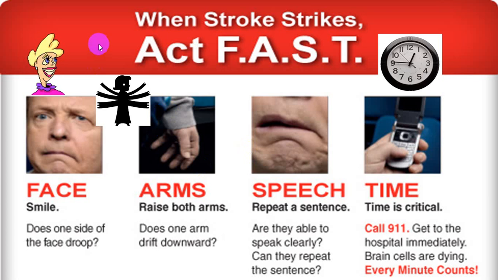Whenever a person comes with a stroke, some neurological deficit which you are suspecting either because of thrombosis, embolism or hemorrhage, the commonest thing which was used before was ACT FAST, meaning you examine a person's face. So if there is a facial nerve palsy, whether it is upper motor neuron or lower motor neuron, if it is upper motor neuron, the lesion has to be above the midbrain.